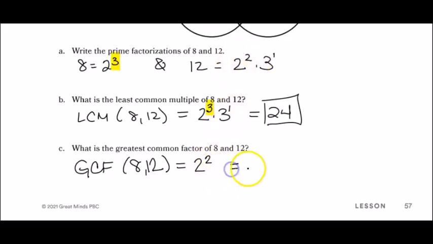So here, 2 squared is 4. Remember, factor is division, so it'll be smaller. And multiple is multiplication, so it'll be bigger. So for the factor, you want to take only the base that is common, and then the smallest exponent. For multiple, you want to take all of the bases, and then the biggest exponent from each.